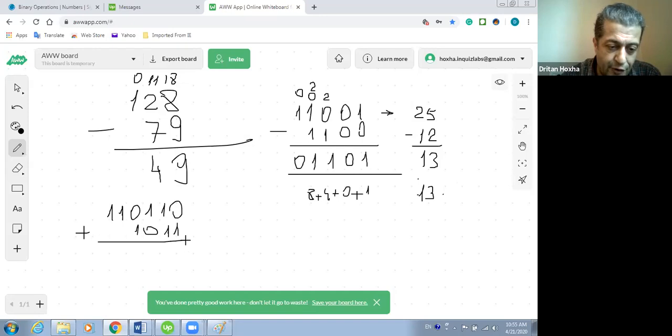This is the first. And now a subtraction: 10111 minus 1001.